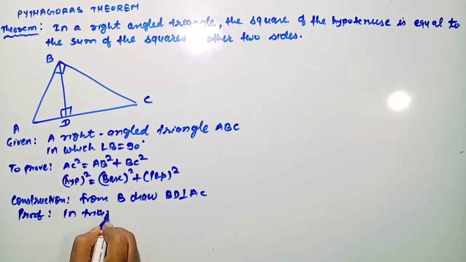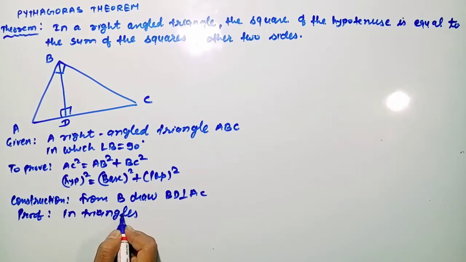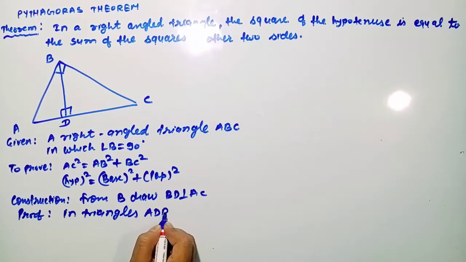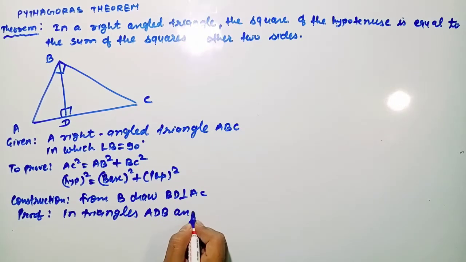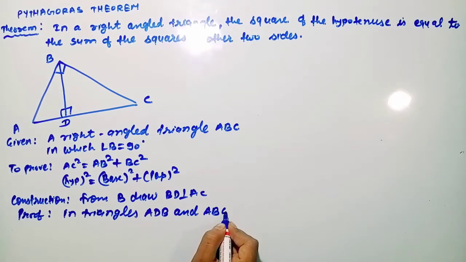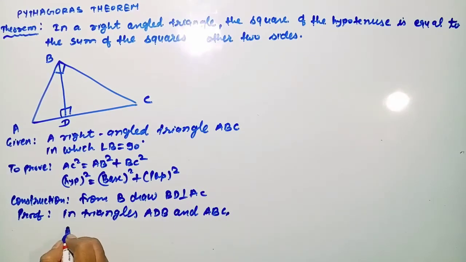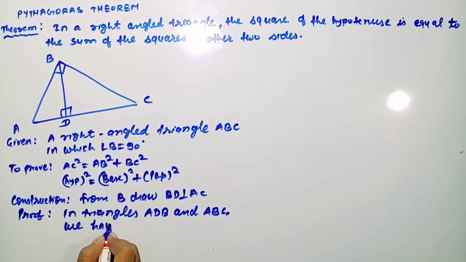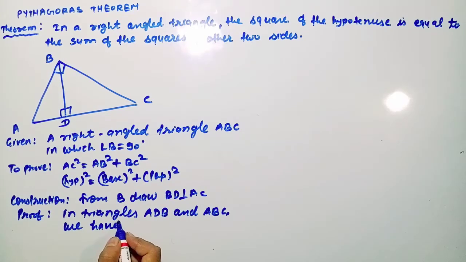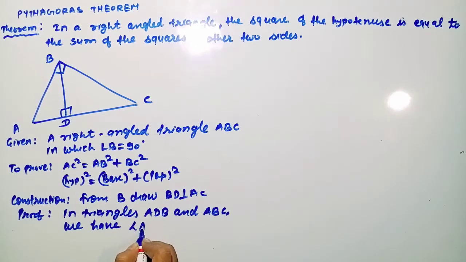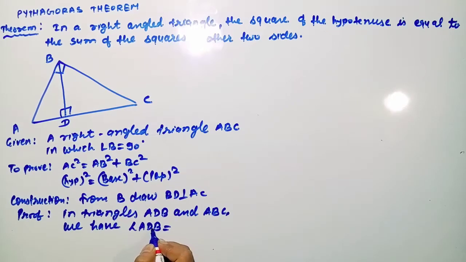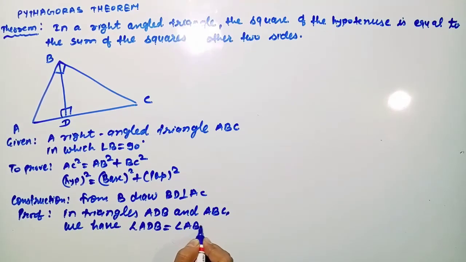So in triangles ABD and triangle ABC, what is ABD and ABC? We have angle ADB is equal to angle ABC.